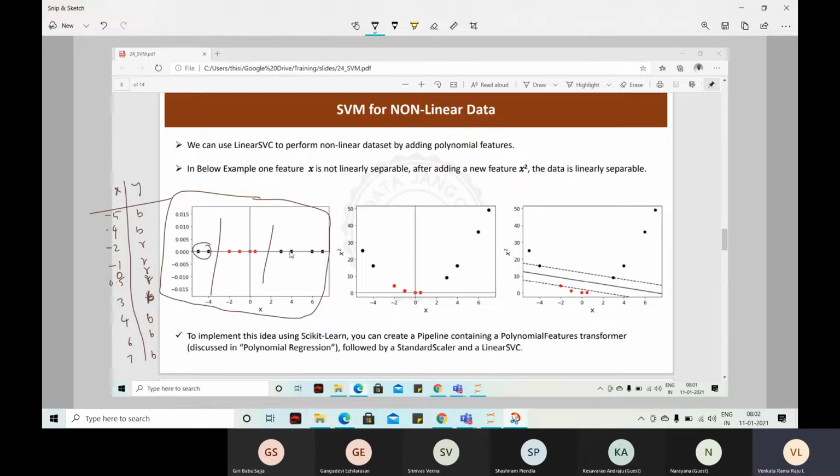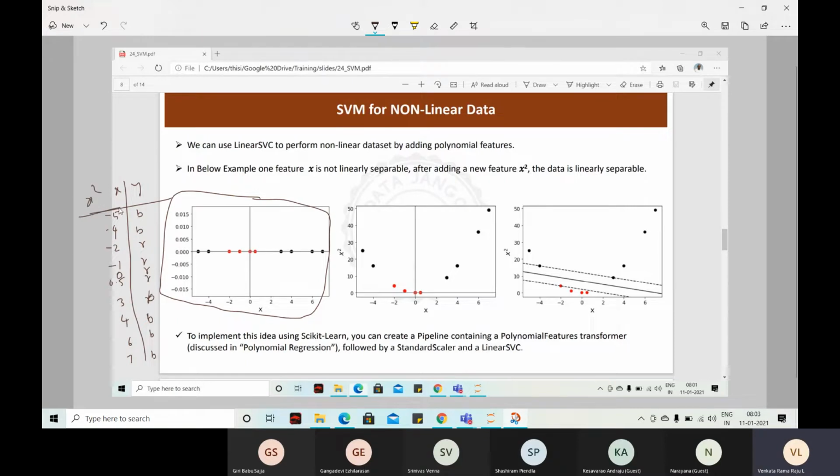In either case, these four are being misclassified. So what we do is add a new term, x square.